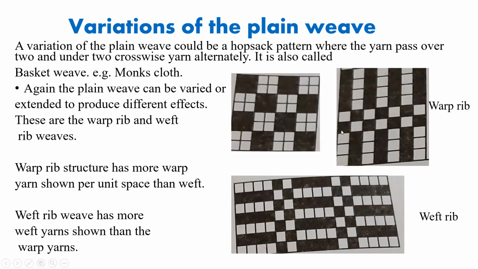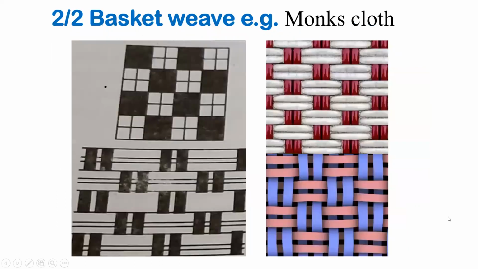Here is 1, 2, 3 on the warp side, so that one is called warp rib. Then here, 1, 2, 3, a float, under and over. That one is on the weft side, so it is called a weft rib weave. You can see better here: 2/2, 2/2, 2/2. That's the basket weave or the monk's cloth.